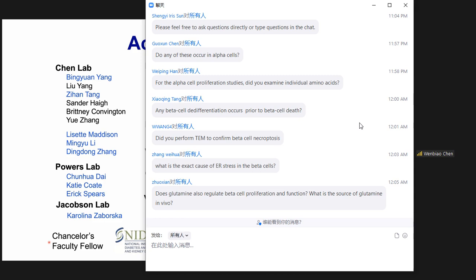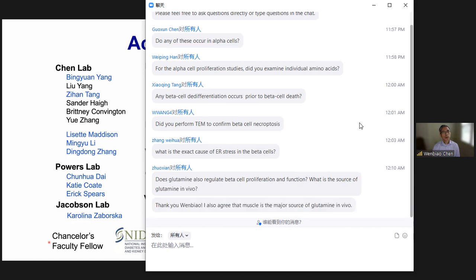Right, good question. I think there was only one clinical report, in a CASR mutant individual that has hypercalcemia and also hypoglycemia, but I do not know if this has been commonly observed. I want to emphasize here that we do not think that CASR really plays a role in normal amino acid levels.